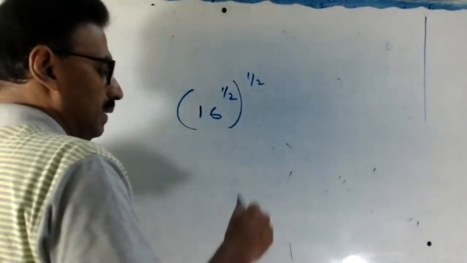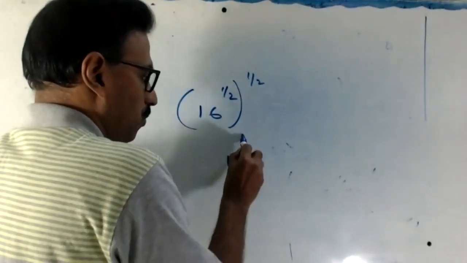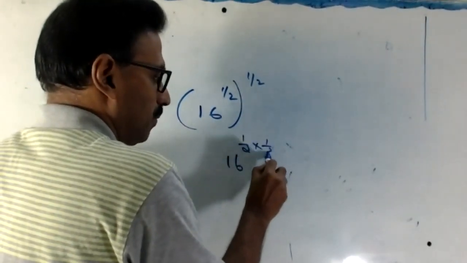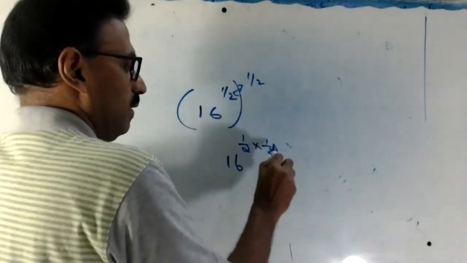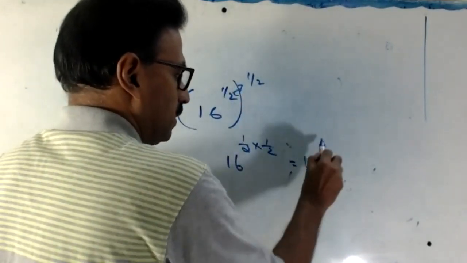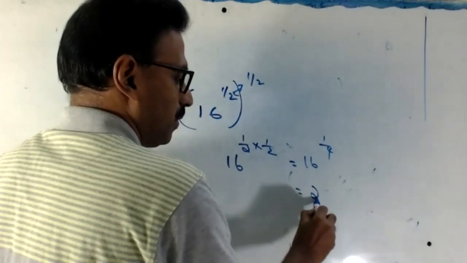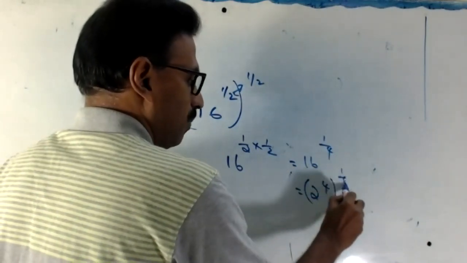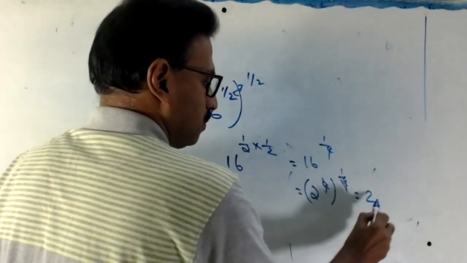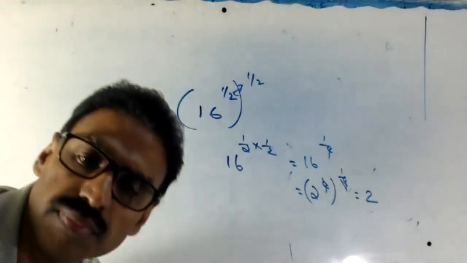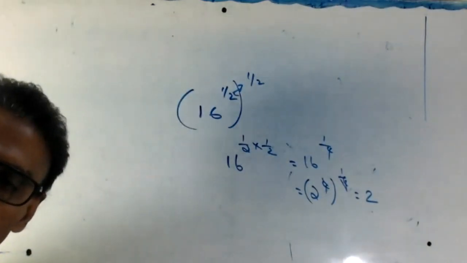Okay, look, 16 raised to 1 by 2 into 1 by 2 is multiplication. So that is 16 raised to 1 by 4. And we know that 2 raised to 4, whole raised to 1 by 4, cancel, answer is 2. Okay, Sonali, it's okay now, this one?